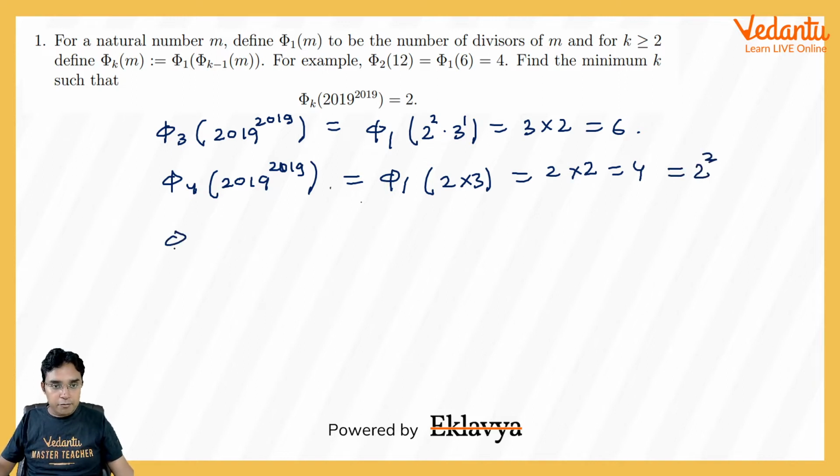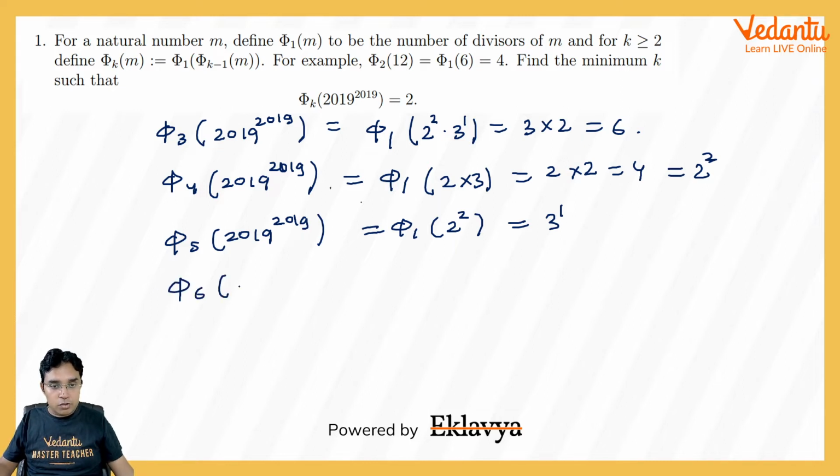So to find phi 5 of 2019 raised to the power 2019, it will be phi 1 of 2 raised to the power 2, which will become equal to 3. Now 3 is a prime number, and phi 6 of 2019 raised to the power 2019 will be equal to phi 1 of 3 power 1, which is nothing but 2.